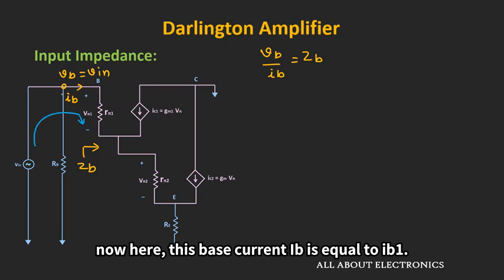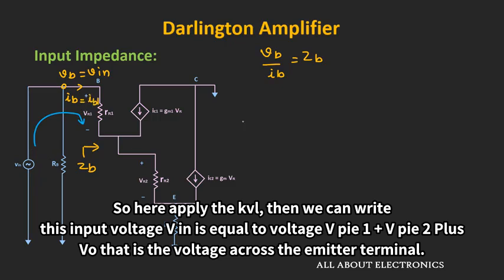Here this base current IB is equal to IB1. Applying the KVL, we can write the input voltage Vin is equal to Vpi1 plus Vpi2 plus Vout, that is the voltage across the emitter terminal.